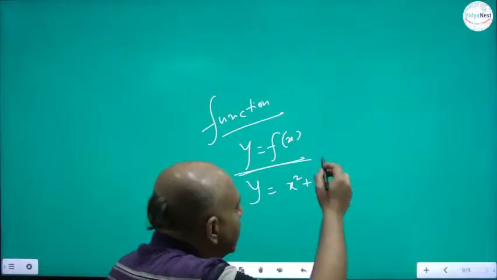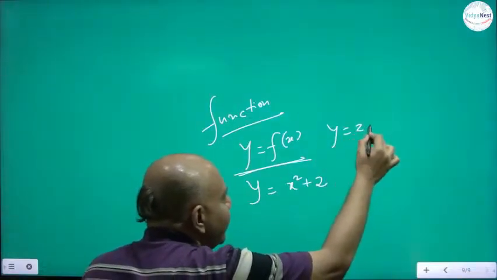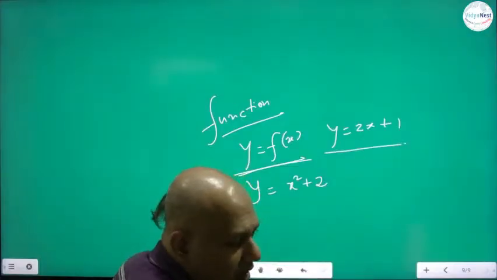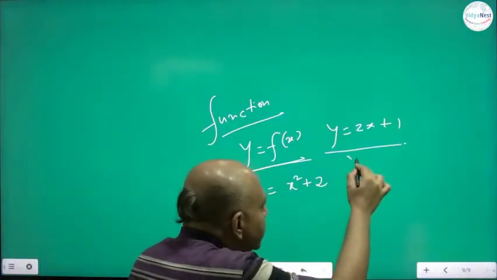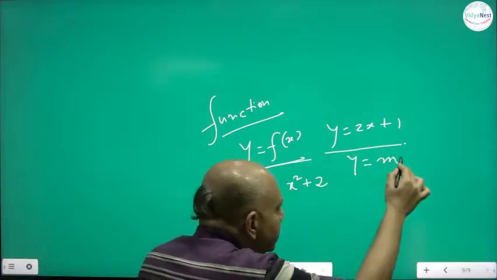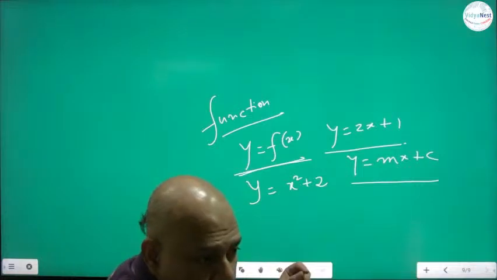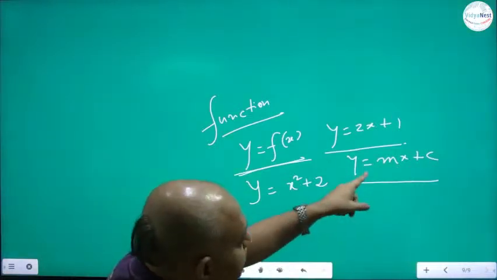If I tell y is equal to 2x plus 1, Saurabh, do you know this thing? y is equal to mx plus c. It is a straight line equation.